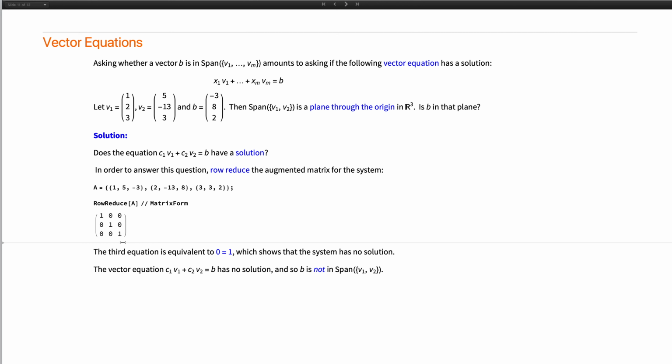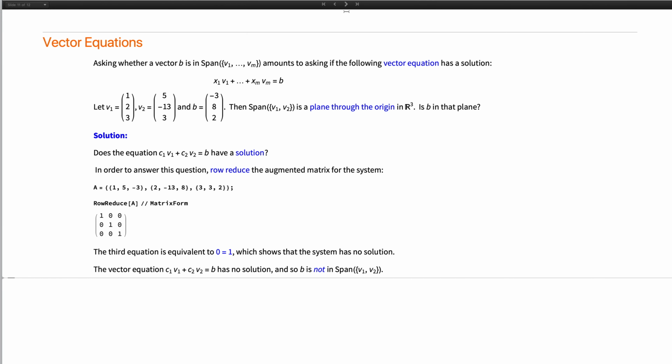That says that this system has no solution, and hence the given vector b is not in the span of v1, v2. So starting off with these spans, we have come to linear systems and vector equations, and that's how we determine if a particular vector b belongs to the span or not.